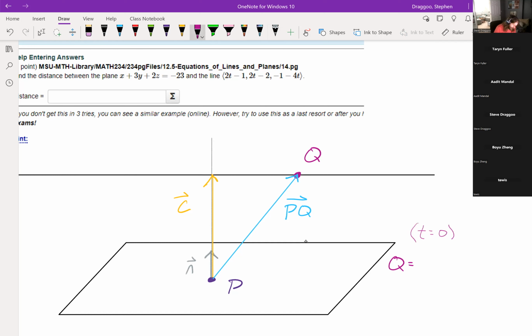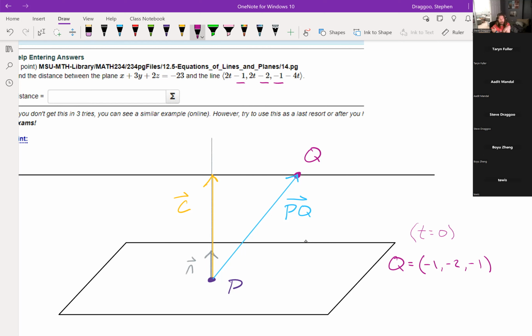If we take the point t equals 0, then our point Q could be -1, -2, -1. Which is also the same point that shows up in the equation of the line. -1, -2, -1.